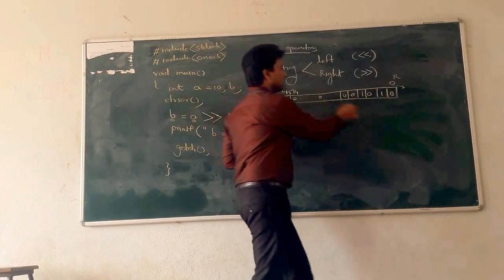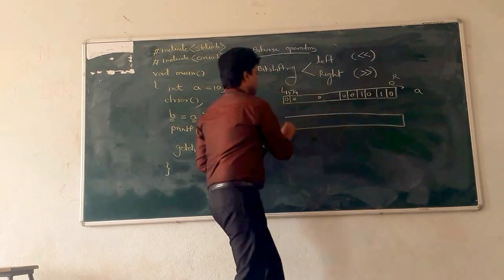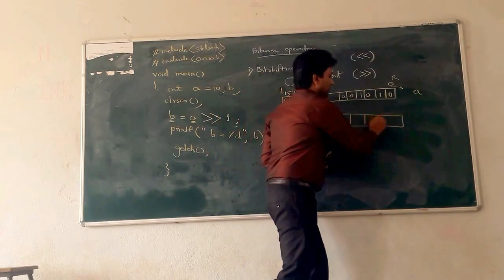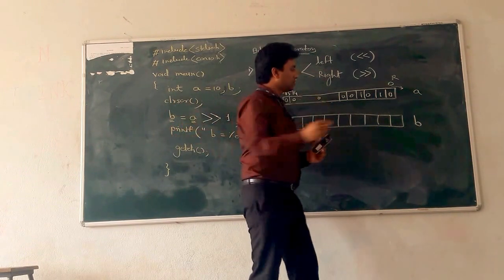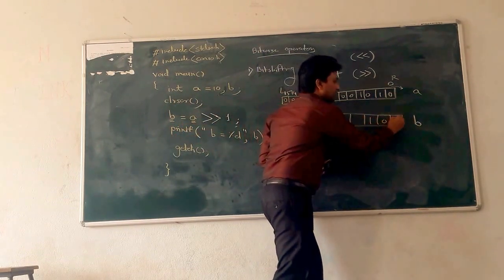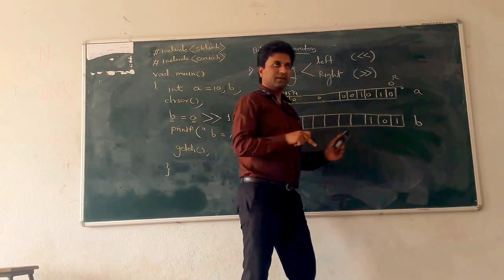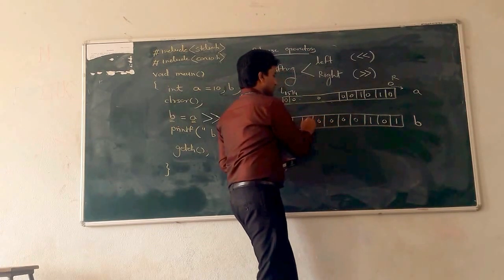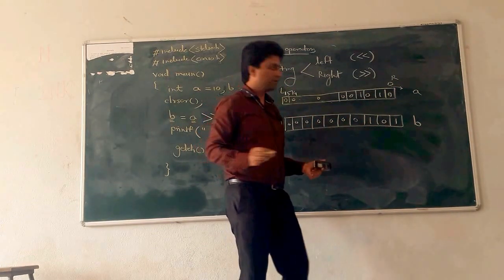This is the original number, that is A, and this is the B number where we want to save the result. So the result is 1, 0, 1, because this bit is discarded or deleted, and all other bits are set to 0 as it is.